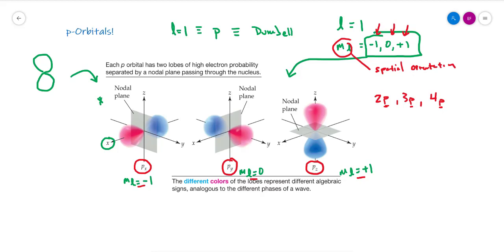So if you had an atom, we'll say that's the nucleus here, this blue dot. If you had an atom that had electrons in the 3p orbital, that would mean that it must also have electrons in the 2p orbital, because the 2p comes first, and we're going to fill from the bottom. That would also mean that there are going to be electrons in the 1s and the 2s, and we'll talk about this later.